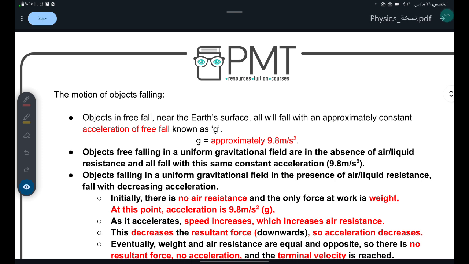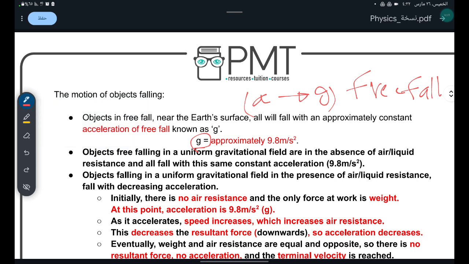Free fall acceleration changes from a to g. g here equals approximately 9.8 meters per second squared, but this value is only in free fall. a equals g, which is approximately 9.8 meters per second squared.